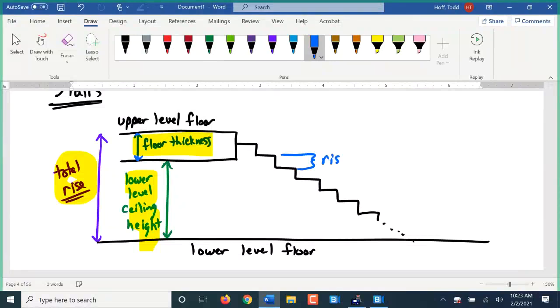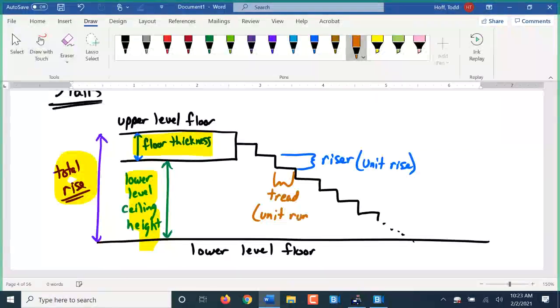The term in construction that is used as a riser is often referred to as the unit rise. In other words, it is the rise of a single step up, or the height of a riser. That distance there is referred to as the tread. That's the tread of the steps. Sometimes mathematically referred to as the unit run.